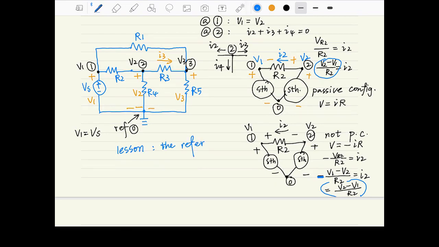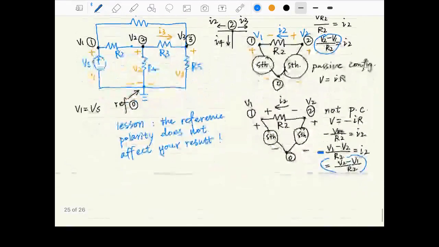See, this time, let's assign the positive polarity on the left end and the negative polarity on the right end, right? You can see that the reference polarity is different this time, so it is not passive configuration. In this way, we should write Ohm's law as V equals minus IR, because it is not following the passive configuration.